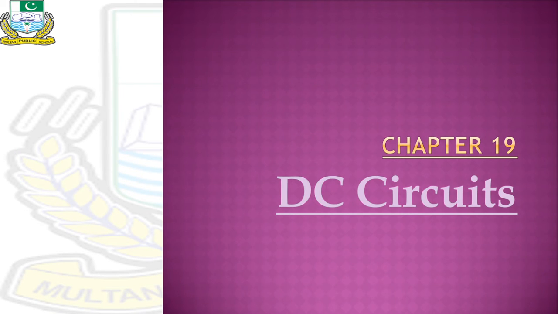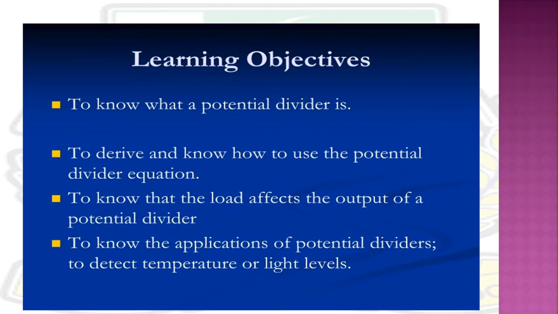Today, we're going to discuss chapter number 19, and the name of the chapter is DC circuits, or direct current circuits. Before getting into the core concepts of this chapter, I would like to share some learning objectives.